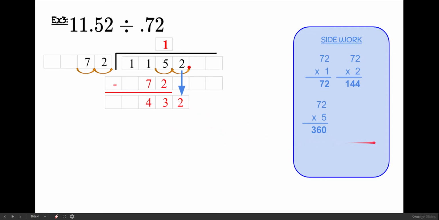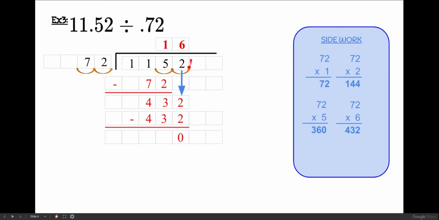Let's try 72 times 6. 6 times 2 is 12, and 6 times 7 is 42, plus what we carried. Then you get 432. Wait a minute, that's perfect. So 72 times 6 is it. So 72 goes into 432 6 times. So when you subtract 432 from 432, you end up with 0.